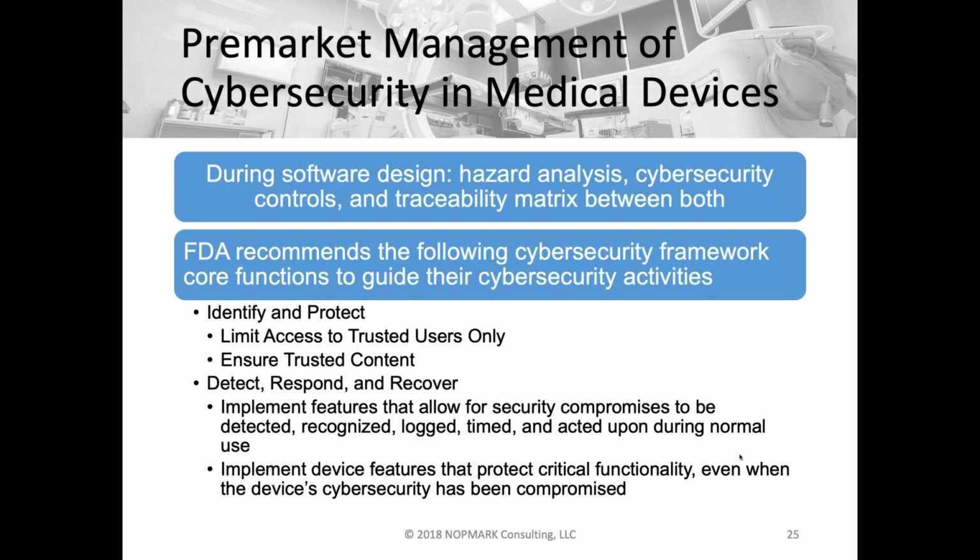The second aspect that's tied to software testing is detection, response, and recovery. Your software needs to have these features, and it can be login features or features that know when there are security compromises, and there's an ability of the software to recover when it gets attacked.